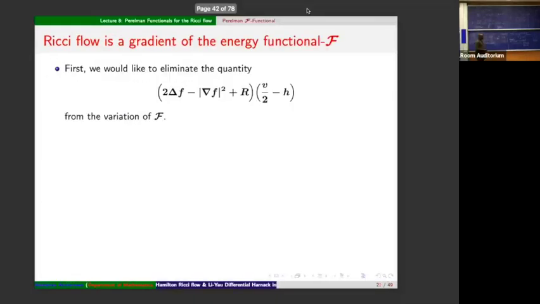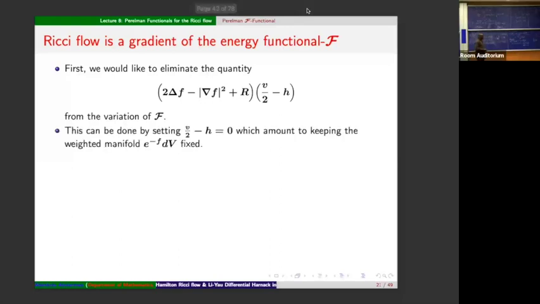Okay, and we see that here now. So that is what we mean. To get Ricci flow as a gradient flow of that energy function, we will eliminate this term. This can be done by setting v over 2 minus h equal to 0, which amounts to keeping the weighted volume fixed.